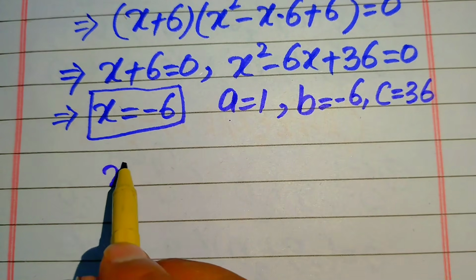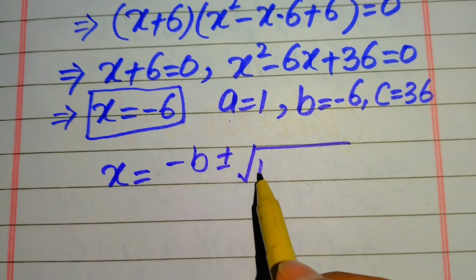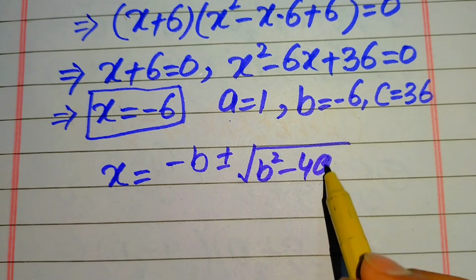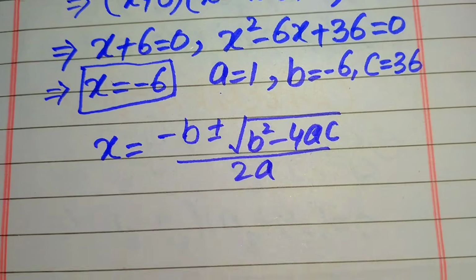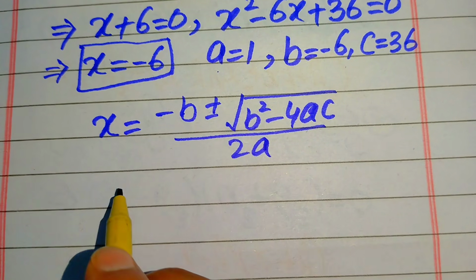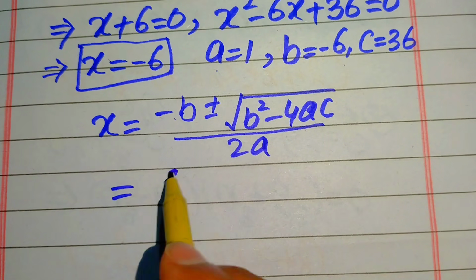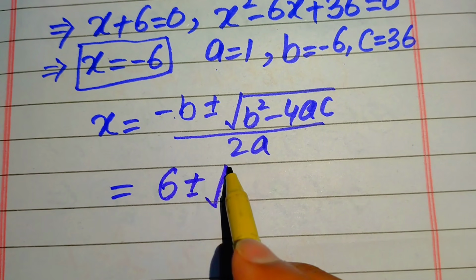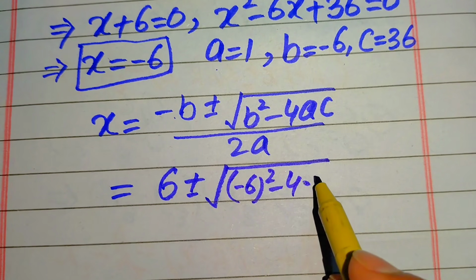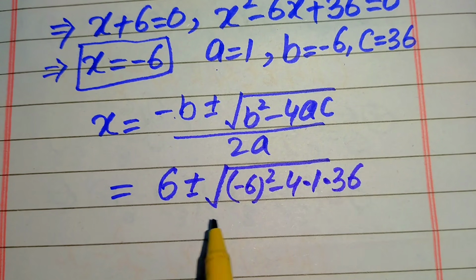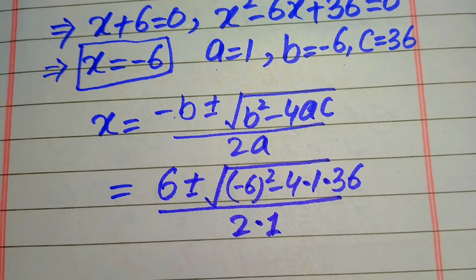And we state the quadratic formula as x equals minus b plus minus square root of b square minus 4ac, divided by 2a. In the next step we substitute all the values of a, b and c. Minus b becomes plus 6, plus minus square root of (minus 6) square minus 4 times a, which is 1, times c, which is 36, divided by 2 times a, and here a equals 1.